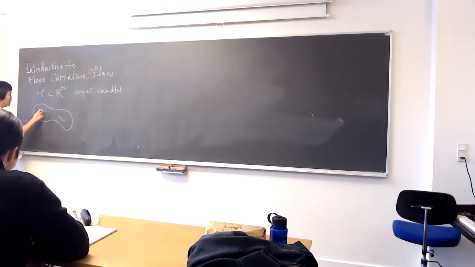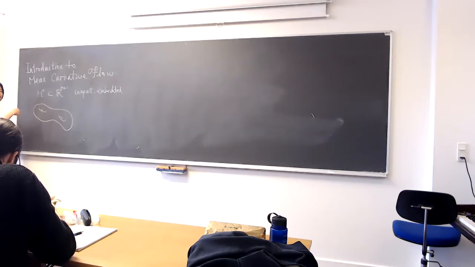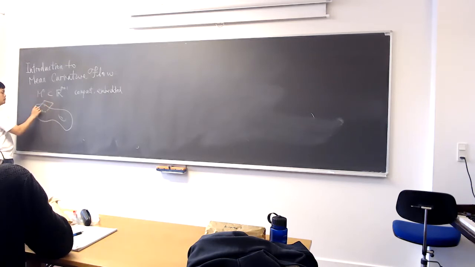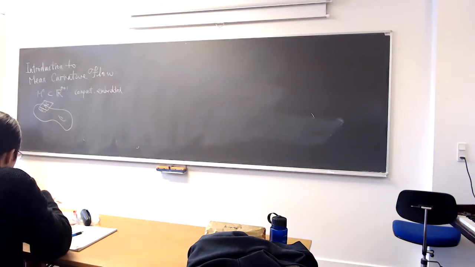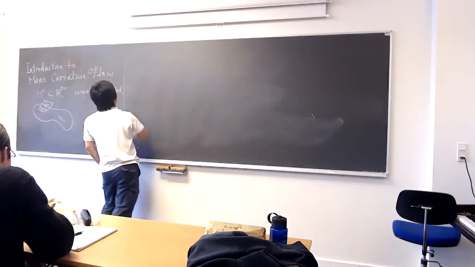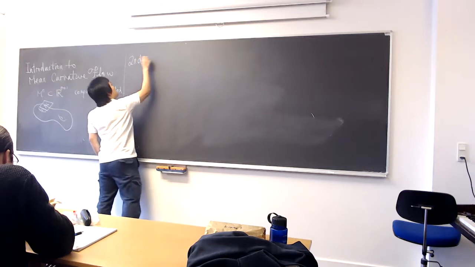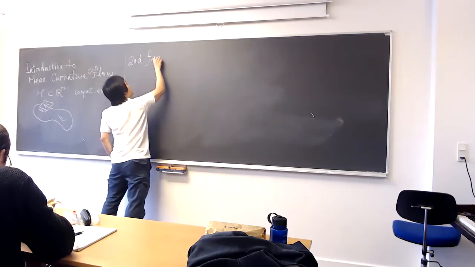So we want to define the mean curvature vector. At every point I consider the tangent plane, and I find some vector v at this point. Then I can calculate what we call the second fundamental form of this embedded surface.